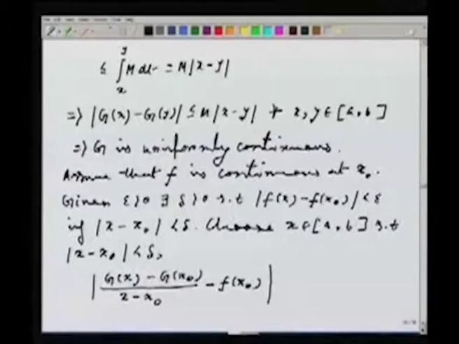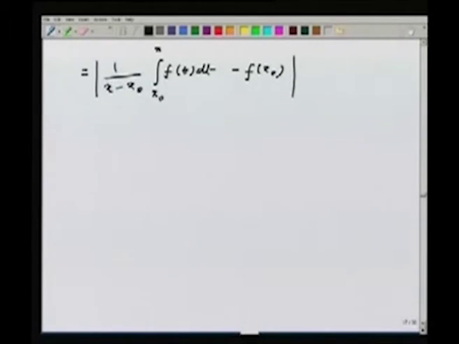Well, now I just write down the definitions. This would imply then modulus of 1 by x minus x0 times integral x0 to x f(t) dt minus f(x0). That is okay. This just follows from definition of g. But now I use a trick. I write it as 1 by x minus x0 times integral x0 to x f(t) dt.